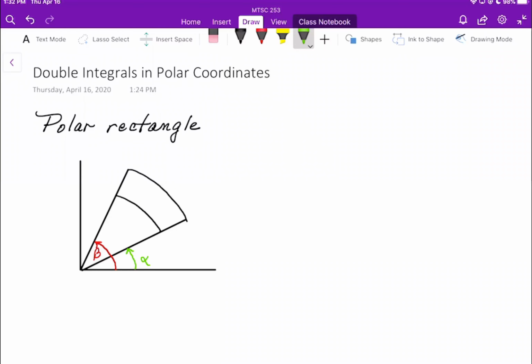Okay, this distance is going to be r. That's our radius. Okay, and then we can have an r1 here, and that's equal to A, and maybe an R2 here.